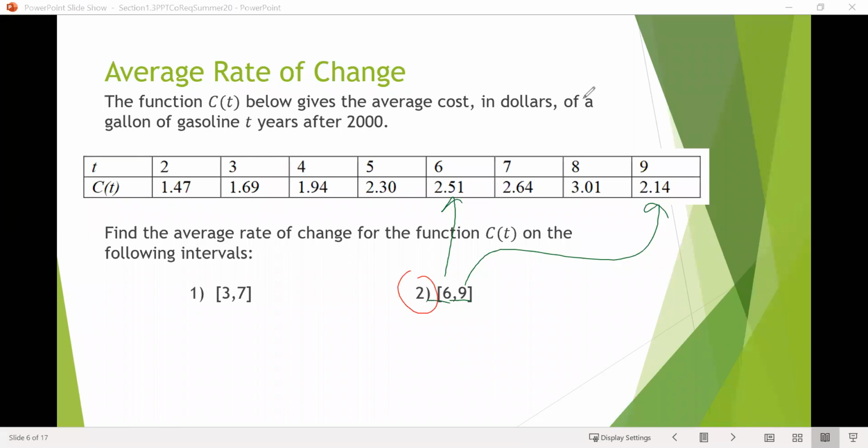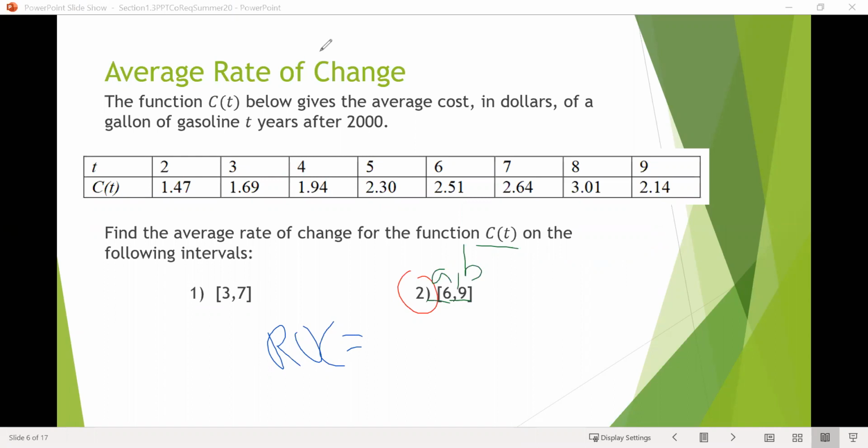To find the rate of change here, I'm going to use the function notation version. We're not going to use f's because our function is called c of t. One more thing before I do that: in this case, 6 is going to be our value for a, and 9 will be our value for b.